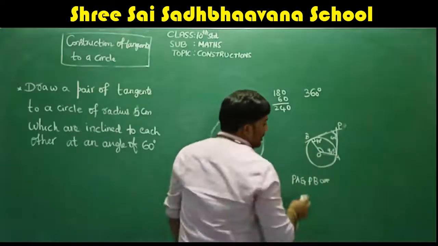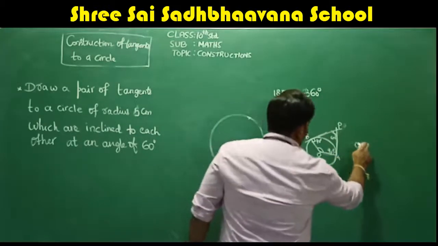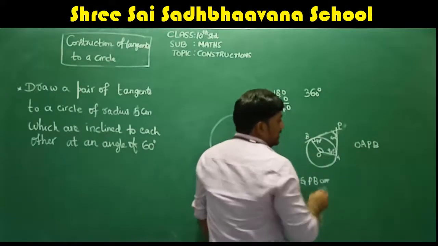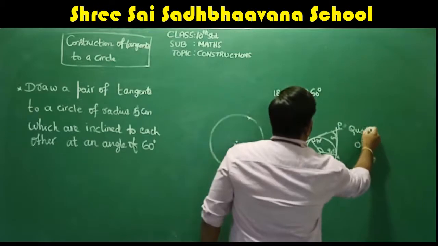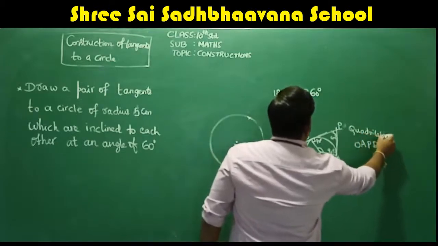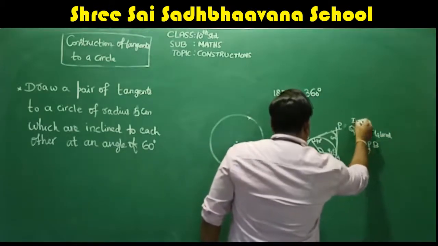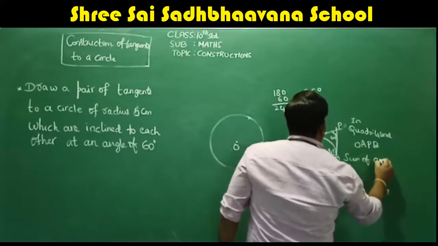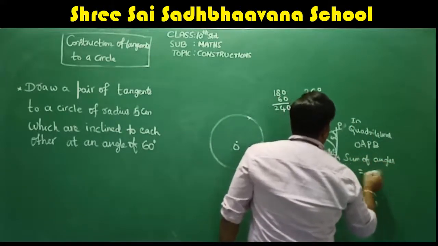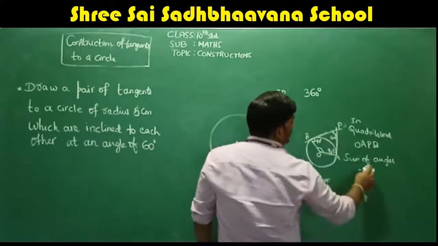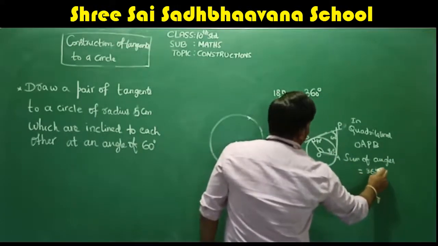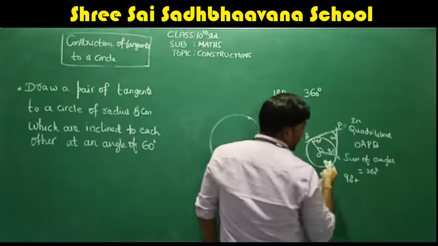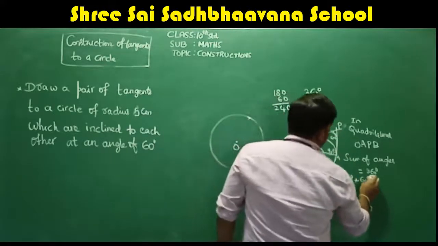I'll just repeat once again. This is a quadrilateral OAPB. In quadrilateral OAPB, or in any quadrilateral, the sum of all the angles is equal to 360 degrees. What are the angles we have? This is a rough calculation, I'm not going in depth.